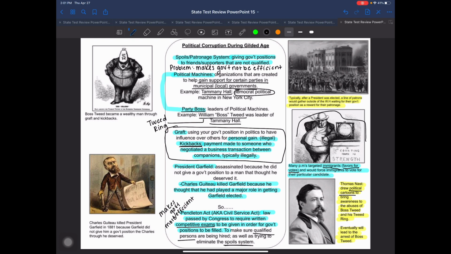And when word starts to spread and understanding starts to spread about what Boss Tweed is doing, it is actually going to lead to his arrest. So it is very important that you know that Thomas Nast played a huge role in drawing these political cartoons, in bringing down one of the most infamous party bosses in American history.